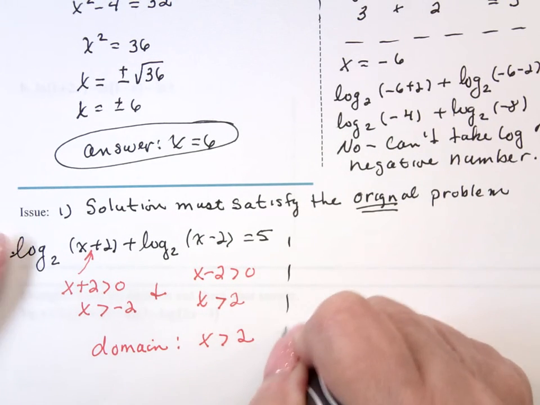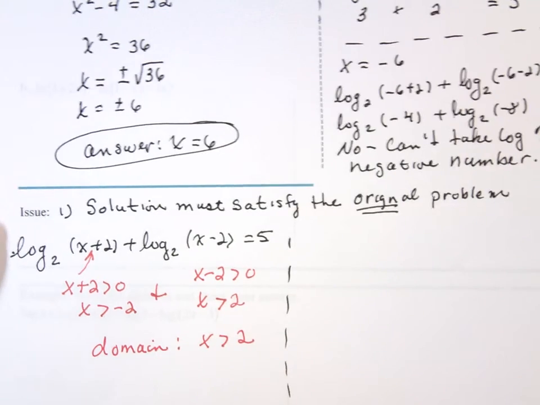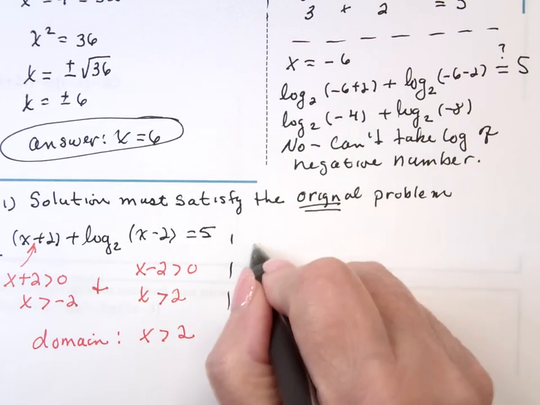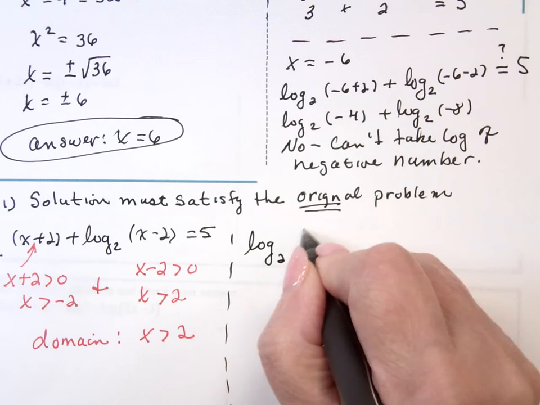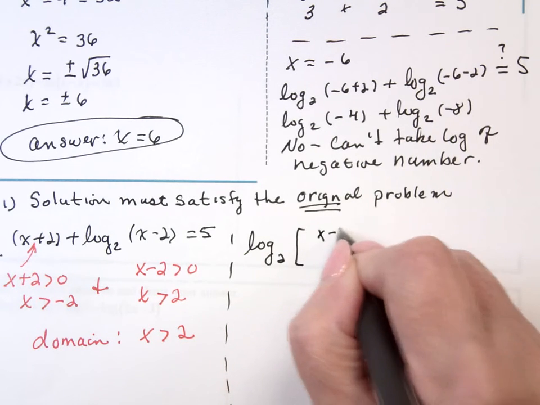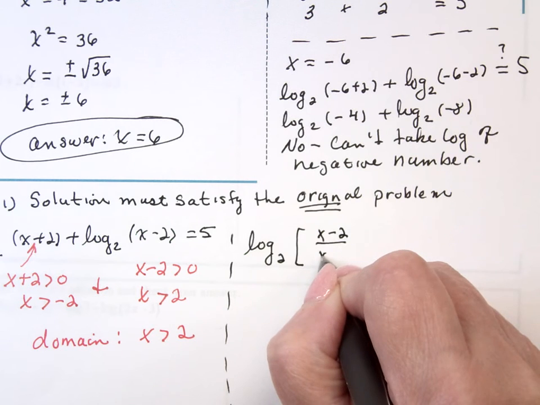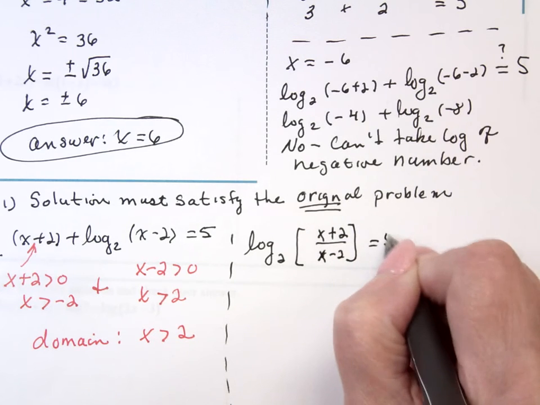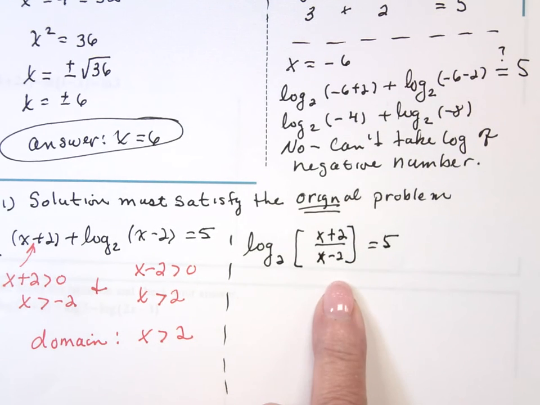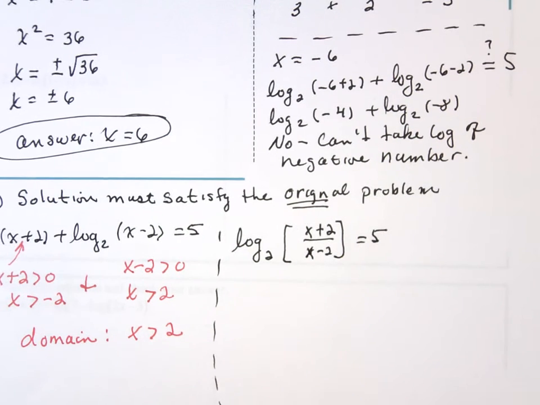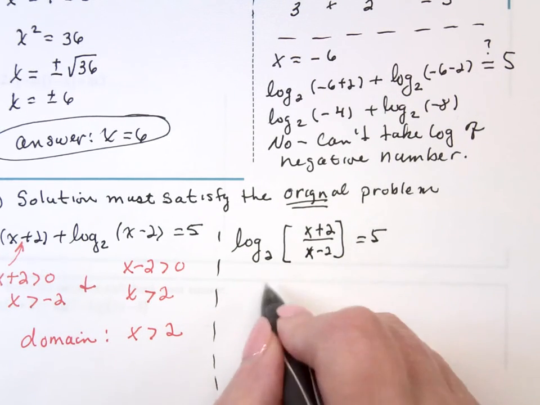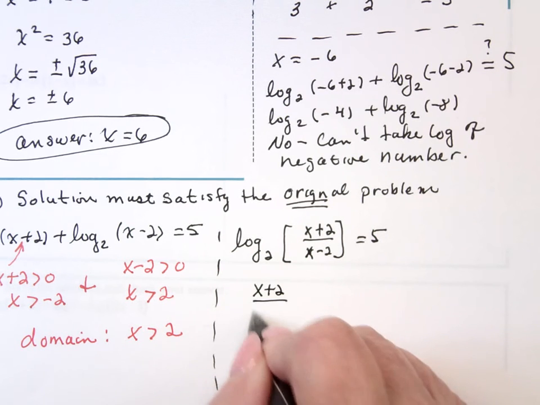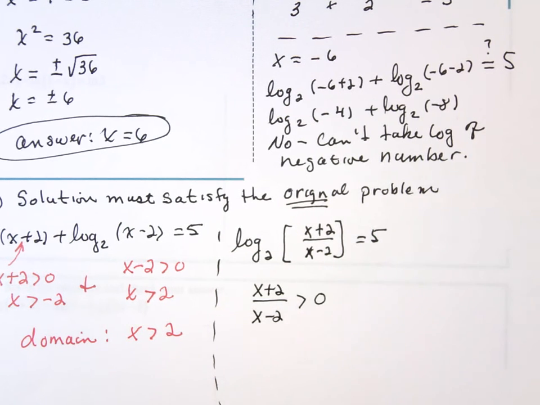However, now look at log base 2 of, when we made the change using the properties of logarithms, that's the equation we solved after we made the property of logarithms change. Well, if I want the domain of this, this says that x plus 2 divided by x minus 2 must be positive.